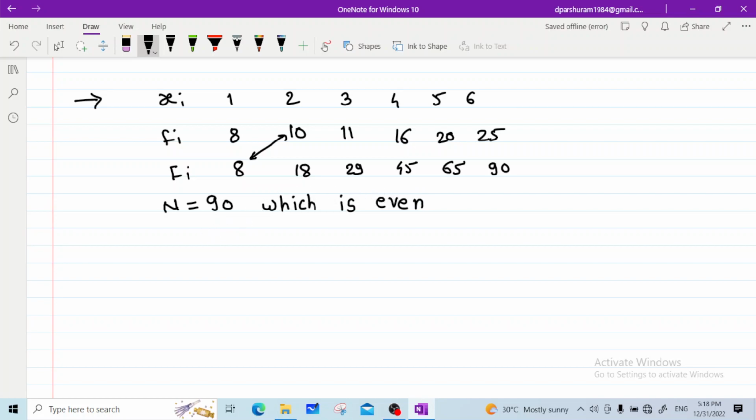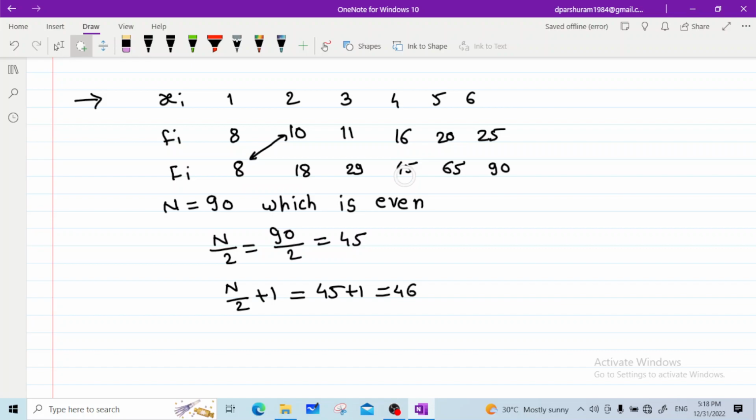So we have to find the value of n by 2, that is 90 by 2, which is equal to 45, and the value of n by 2 plus 1, which is 45 plus 1, which is equal to 46.